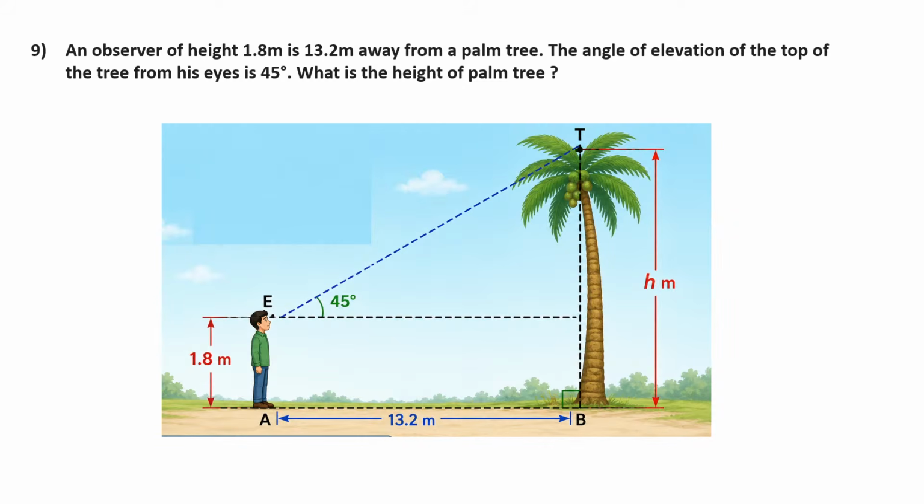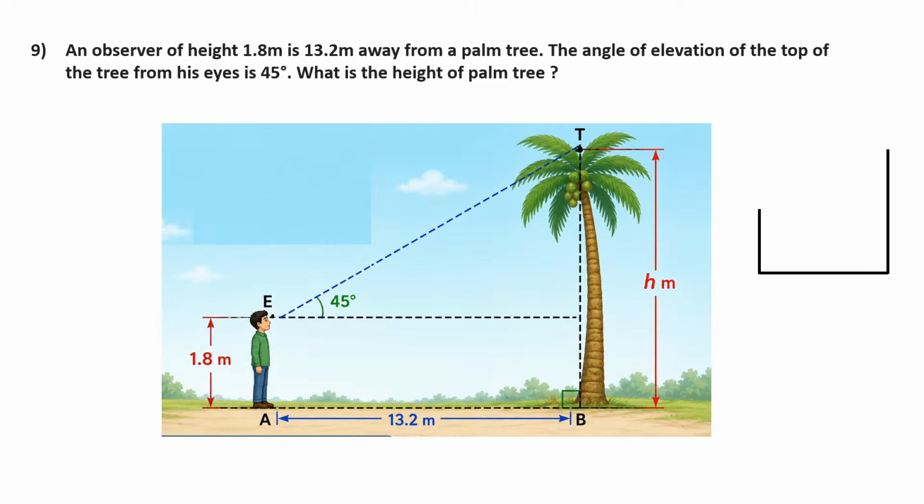So using the image given here, please try to understand the question criteria. Now using this image, we'll draw an imaginary diagram. So horizontal drawn. Next, this is a 1.8 meters tall observer.